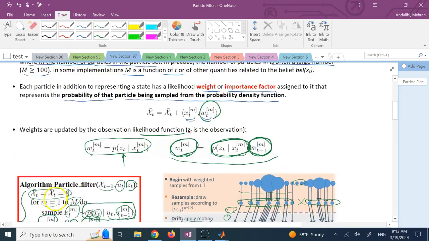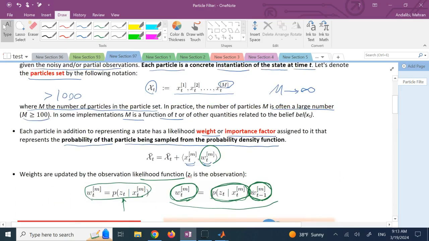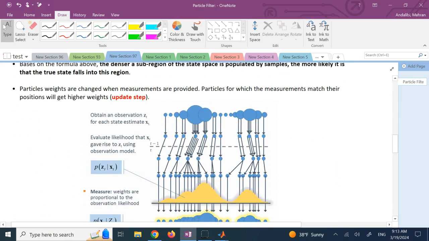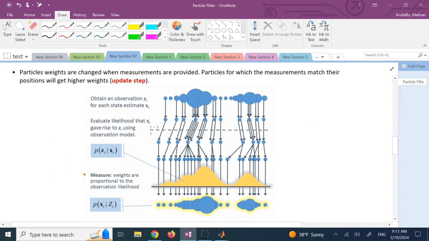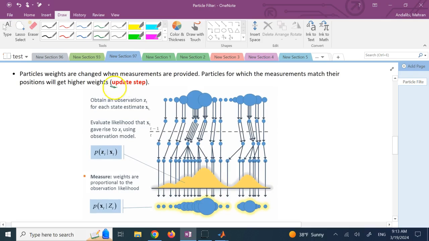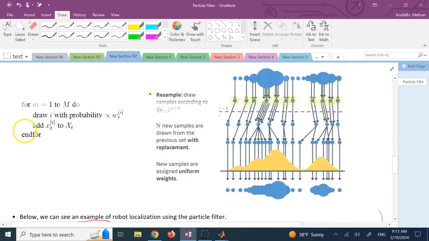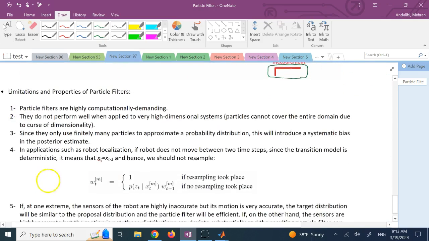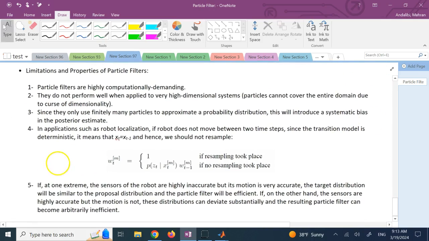So it's just a bunch of operations done in loop. Okay, so I guess I talked about everything I needed to talk. Update the state, degeneracy, resampling. So they're amazing. They have some limitations too, so let's talk about their limitations and some properties.